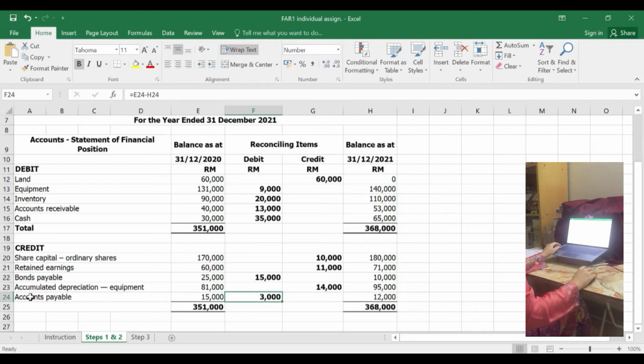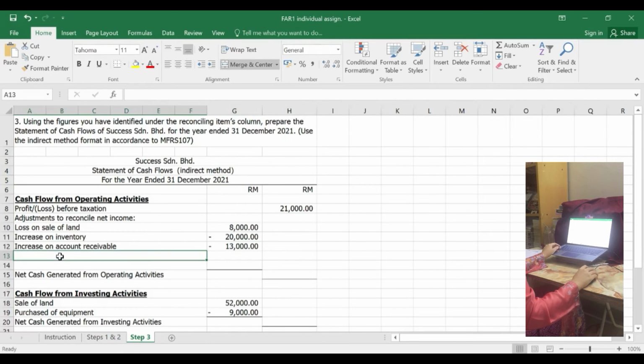And last but not least, we have to add on the increment of depreciation expense. Since it is an expense, we will include in the cash flow from operating activities.